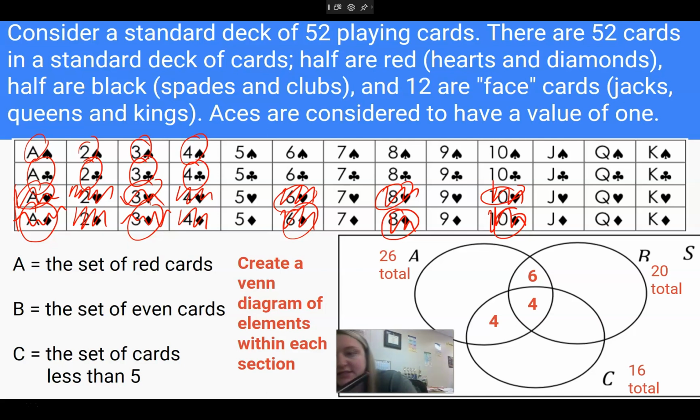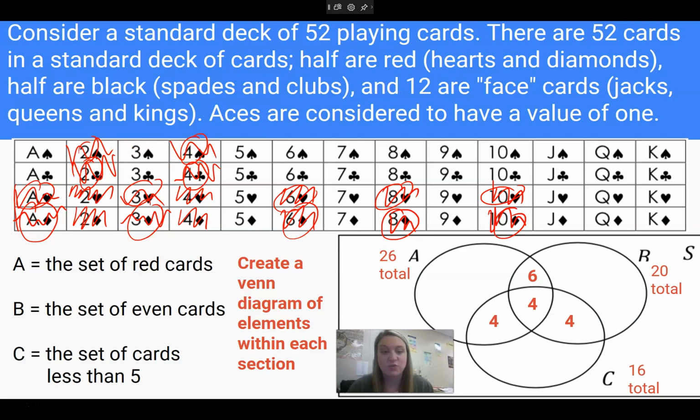It's just even cards. So I cannot include my ace. I can't include my 3. Even, less than 5. Okay, so it's 2, 4 of spades and clubs. Yes. Yep, there are 4 cards left that are even cards and less than 5. Cross them out. All right.